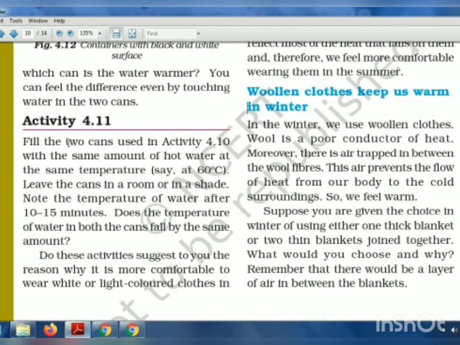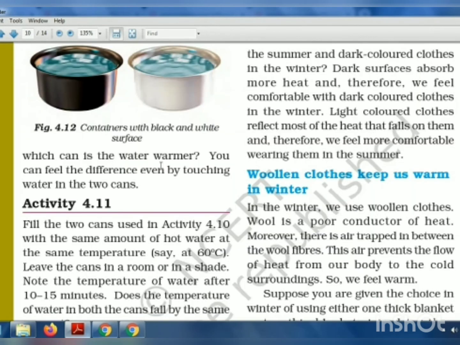Okay, so you can feel the difference even by touching the water in the two cans. If you dip your hand inside the water in the cans, you'll find the temperature difference between the water in the two different cans.